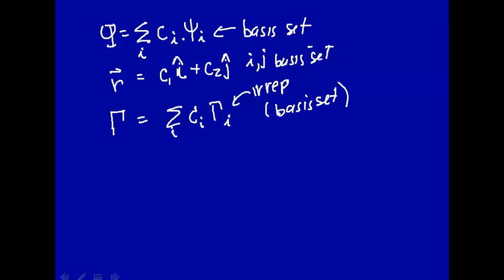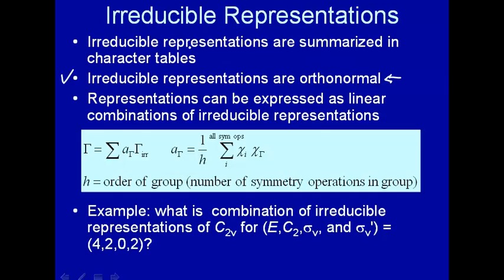And so are these, if you make sure, well, you can make these orthonormal. Okay, so that's what that means. And then because of that, if you're given a reducible representation, you can reduce that to a linear combination of irreducible representations for reasons we'll just show now.